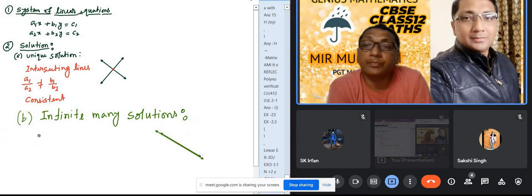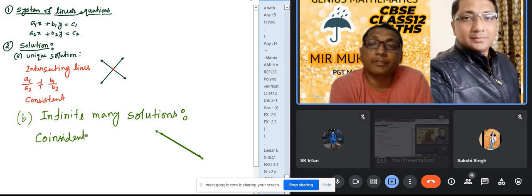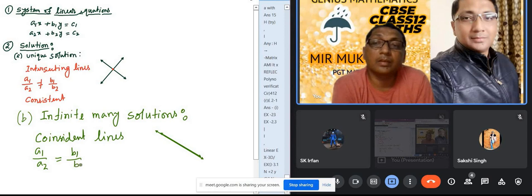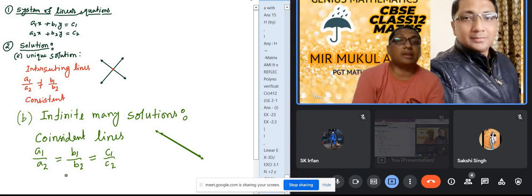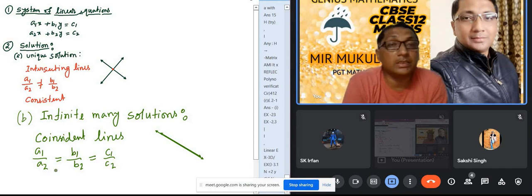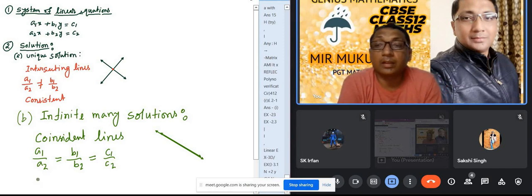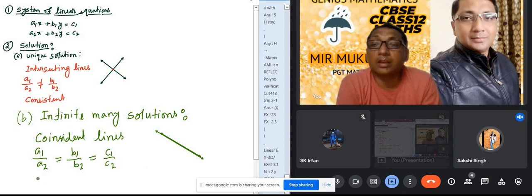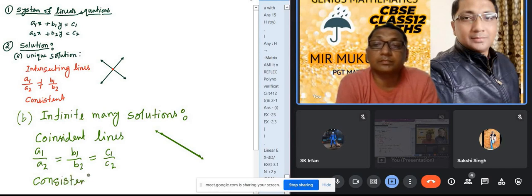So we can say it is coincident lines. Right. Its condition will be a1 by a2 equals b1 by b2 equals c1 by c2. And third, since we are getting a solution here, will it be consistent or inconsistent, Sakshi? It will be consistent. So consistent. Right.